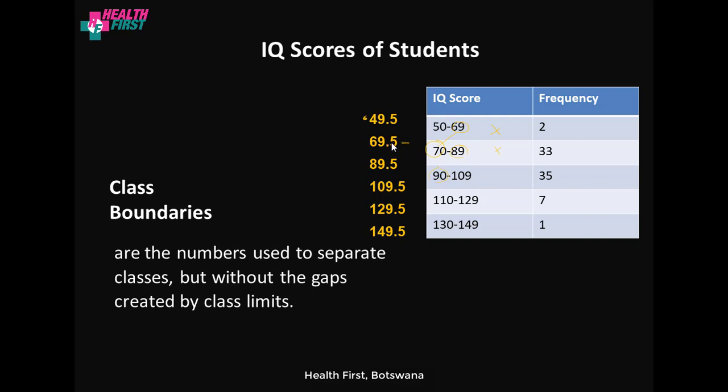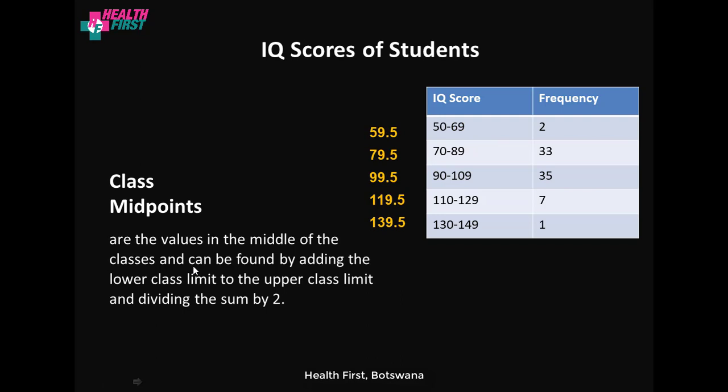So 69.5 to 89.5, which means that in that case, there is no gap created by the class limits, right? So there is no gap there because the first class ends at 69.5 and the following class would then begin right at 69.5. Okay, and so forth. So we call them class boundaries.